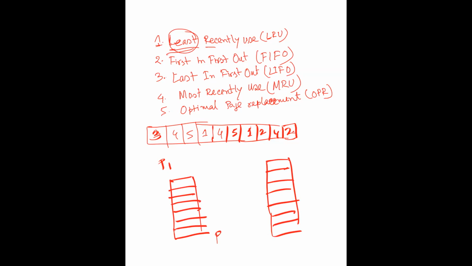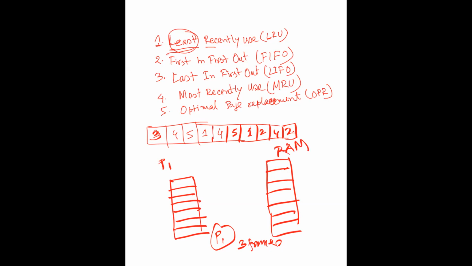Process P1 is allocated a total of 3 frames, so at a time 3 pages can reside inside the RAM or memory.